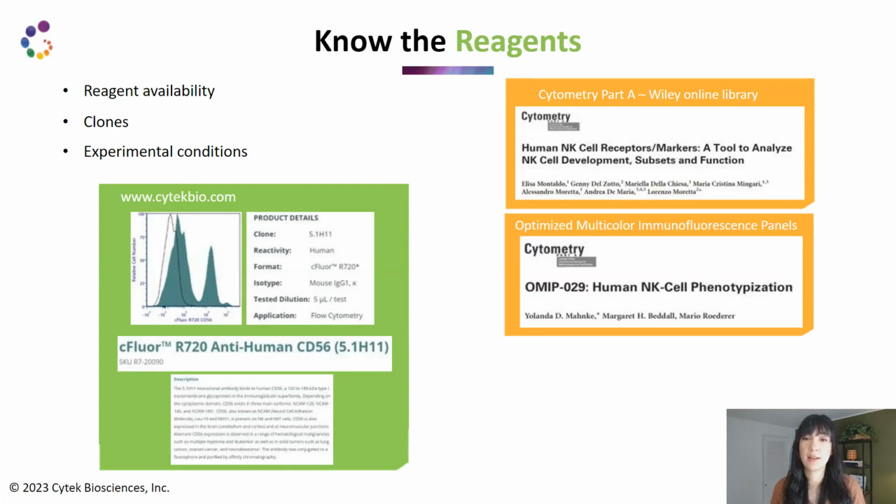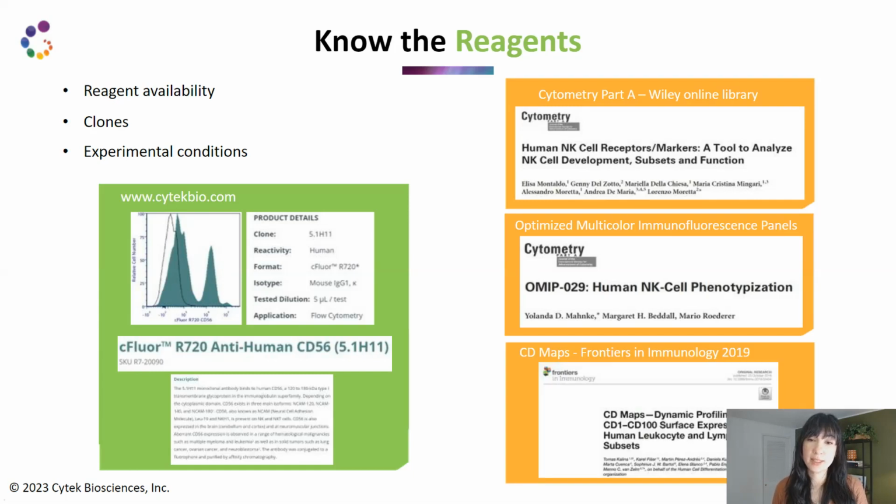Another option I want to highlight is in the journal Cytometry Part A. There are a subset of papers called OMIPs, that stands for Optimized Multicolor Immunofluorescence Panels. And these are really focused on panels. People have spent a lot of time optimizing these panels, and they will give you all the information in these papers. So there's really a ton of good information, and this is really a great starting point for you to look through these various OMIPs.